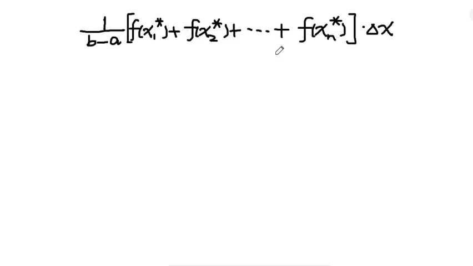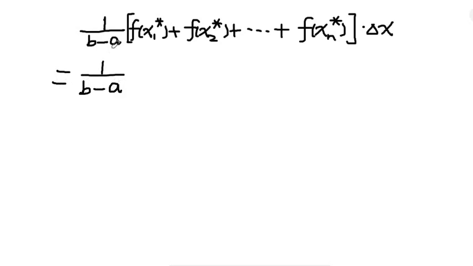We just rewrite n as (b minus a) over delta x. We flip the delta x to the top. Then we understand that f(x1*) plus f(xn*) times delta x is the area, right? So we can rewrite in this way.